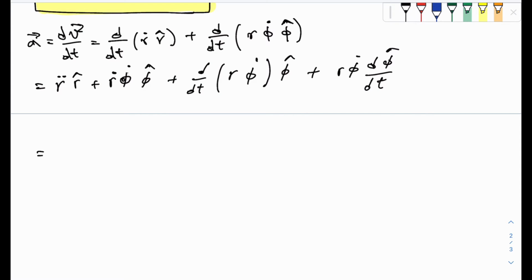And this derivative can be written as r dot phi dot plus r phi double dot.